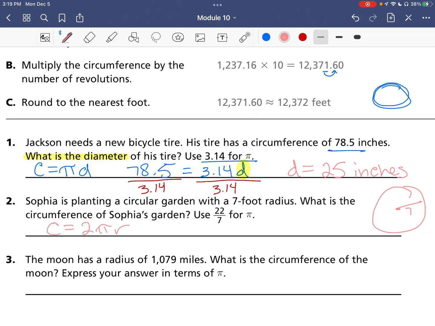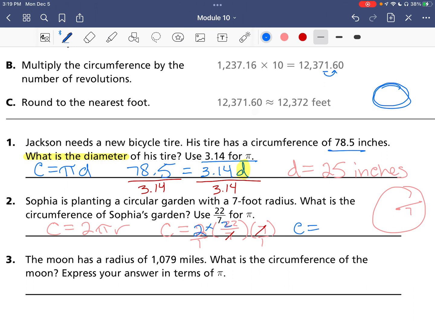We don't know C, that's what we're trying to solve for. 2, and then we're going to use 22/7 for pi, and our r is 7. So I'm going to put these all over 1 to help multiply here. I can cancel my 7/7.